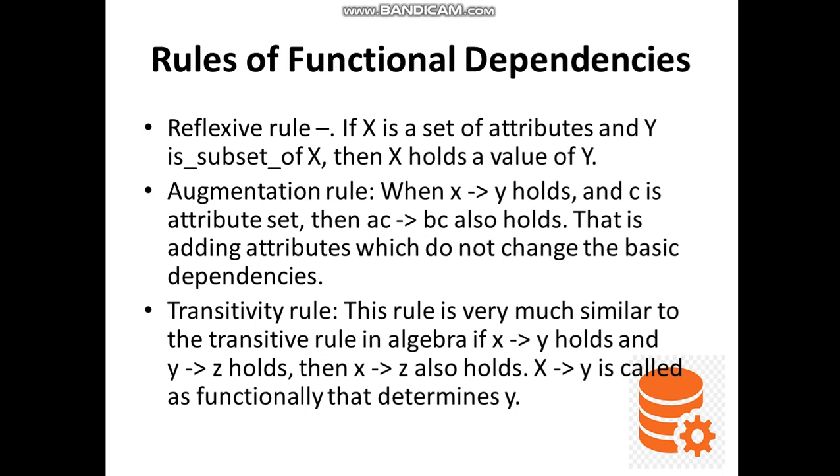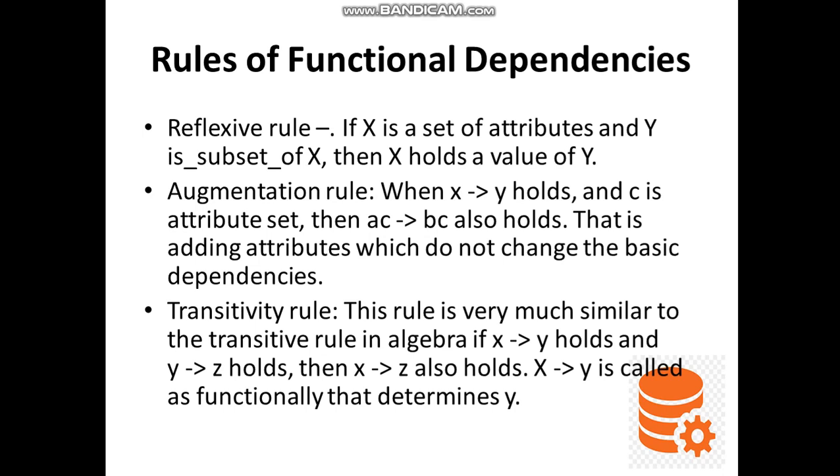Next is augmentation rule. When X tends to Y holds and C is an attribute set, then AC tends to BC also holds, or XC tends to YC also holds. That is, adding attributes does not change the basic dependencies. Next is transitivity rule.